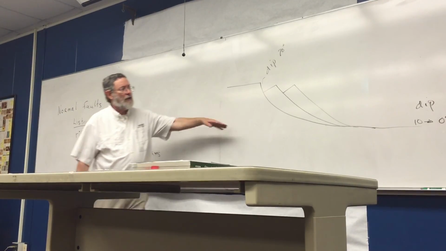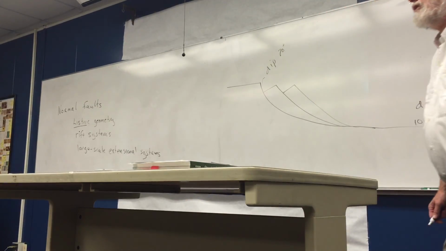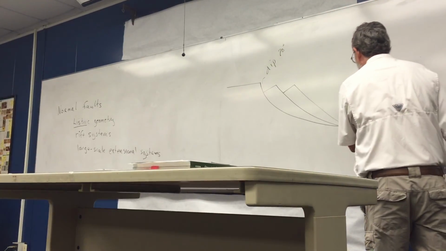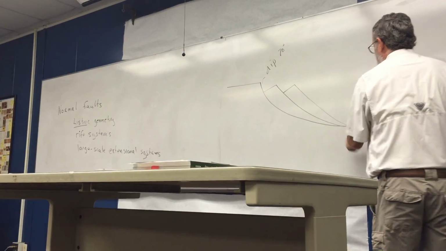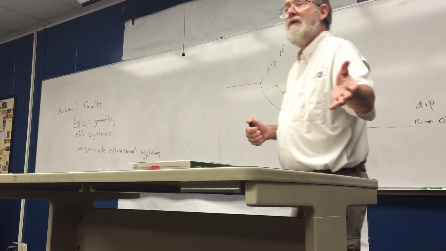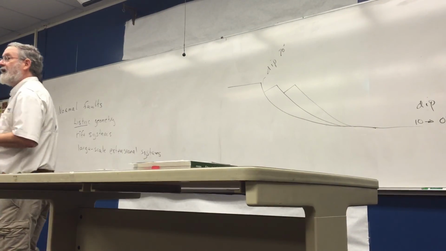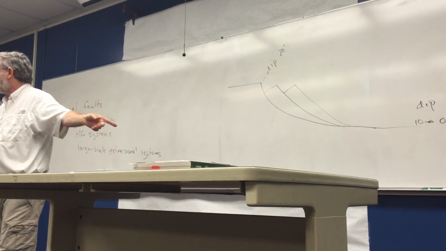Now, no scale. There's no scale on here yet, because you can see this at relatively small scale. You can see this in the Gulf Coast. Some of the deep plays in the Gulf Coast are taking advantage of this type of geometry.